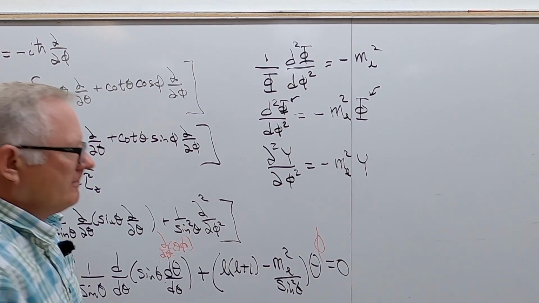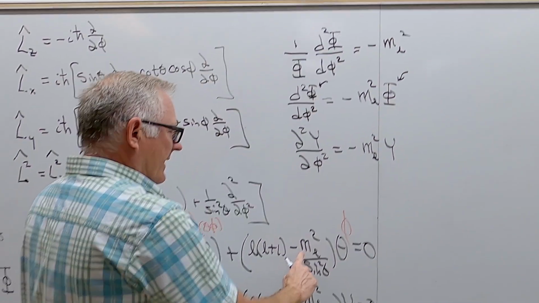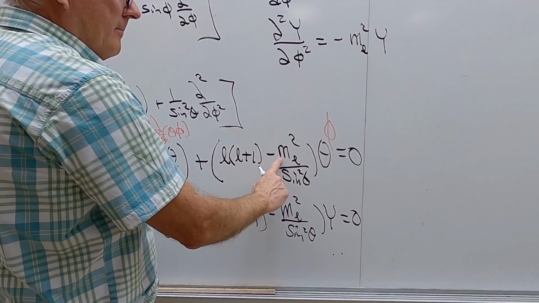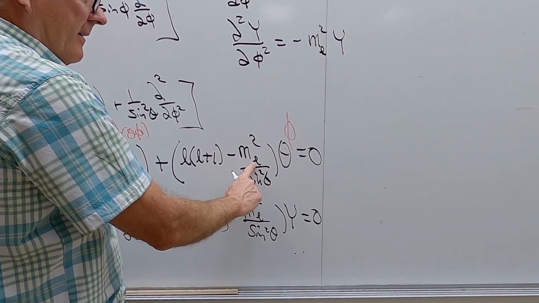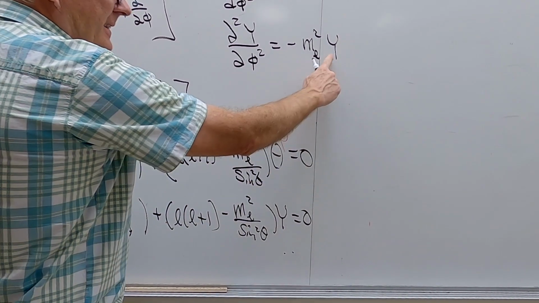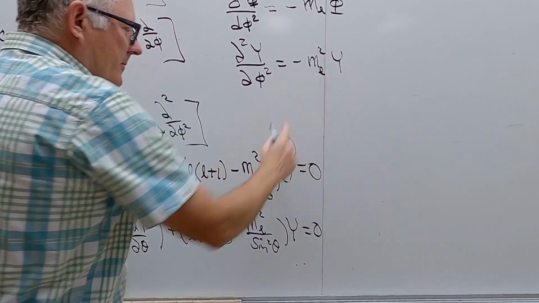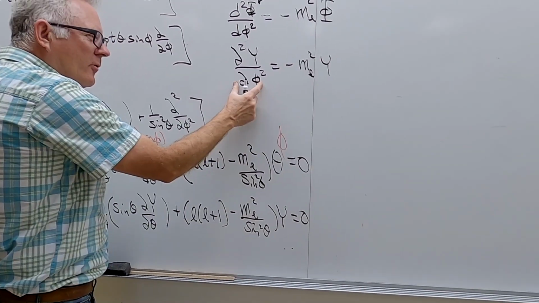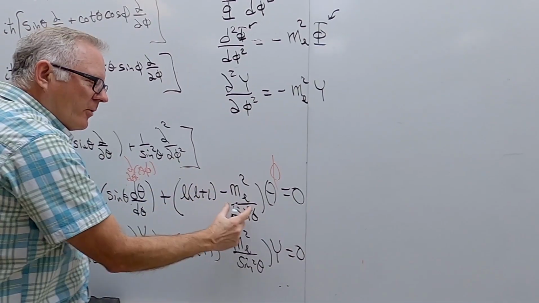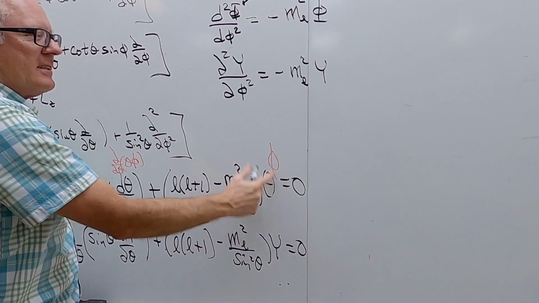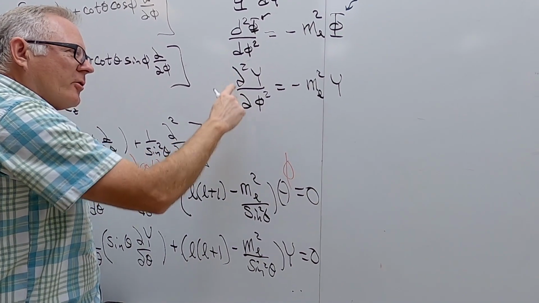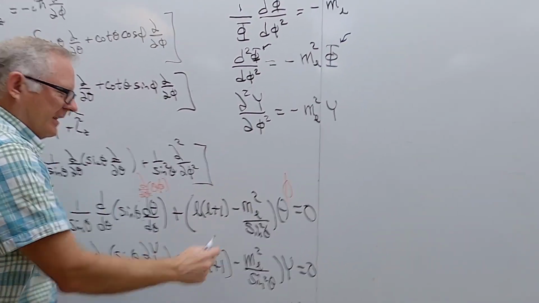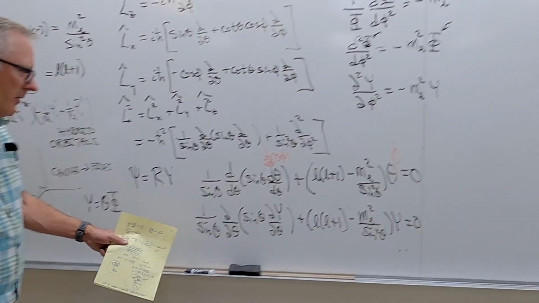Okay, so now right here you'll notice we have a minus m sub L squared y. I can replace this term, this times this, with a second derivative. This would be a plus, second derivative with respect to phi squared with the sine squared on the bottom. So let me rewrite this again.